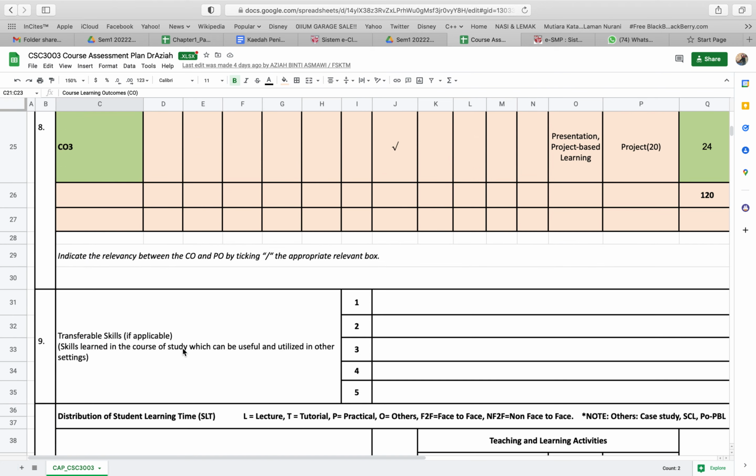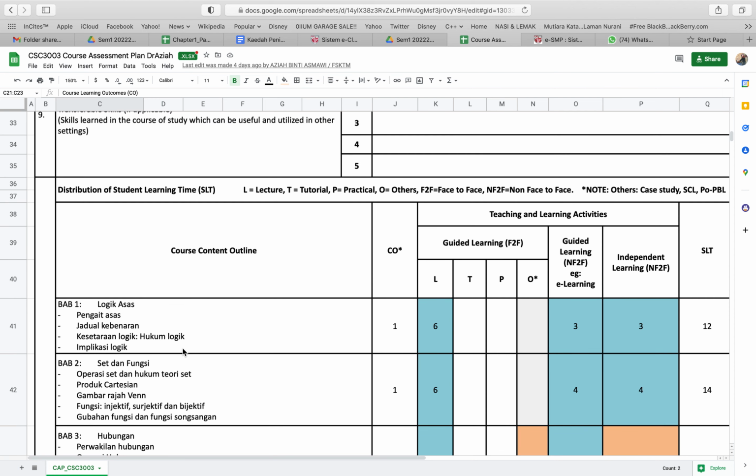So chapter 1 and chapter 2 will reflect CO1. The guided learning is 6 hours, for week 1 and week 2. Because in 1 week you have 3 hours, so 6 hours means this week and next week.